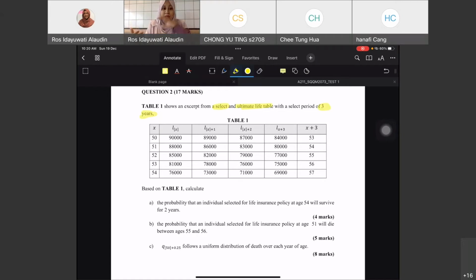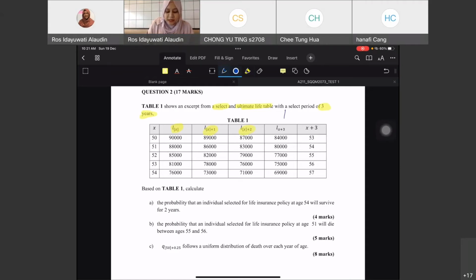So after 3 years, they will be categorized into the ultimate life table, where they are not selected anymore, just from the population. So after 3 years, if they do not renew the medical examination, they will be categorized into the ultimate life table. So the first 3 years, they are still in the select group.